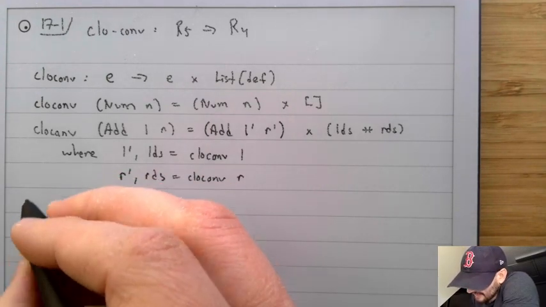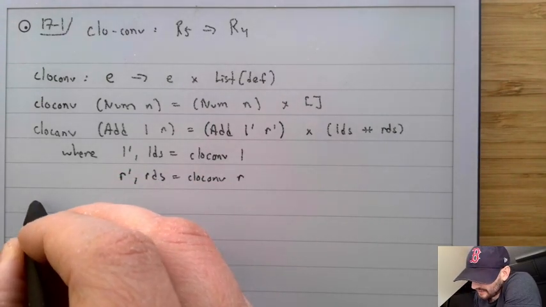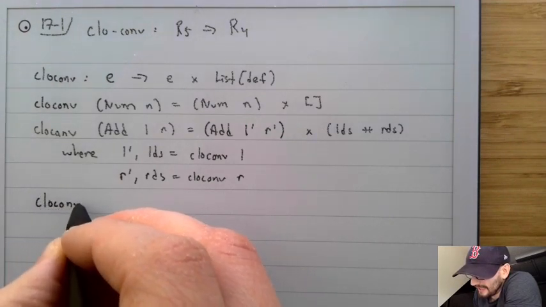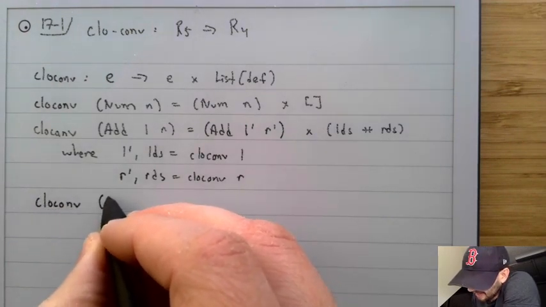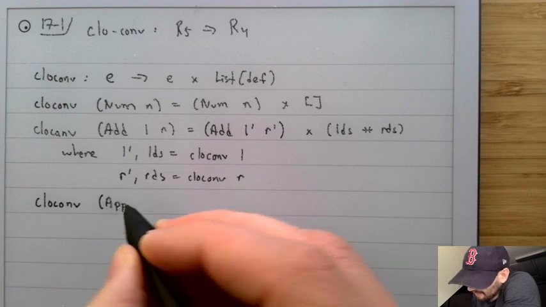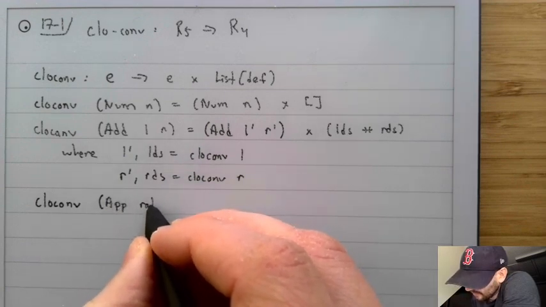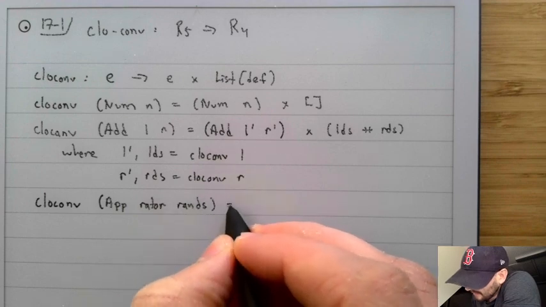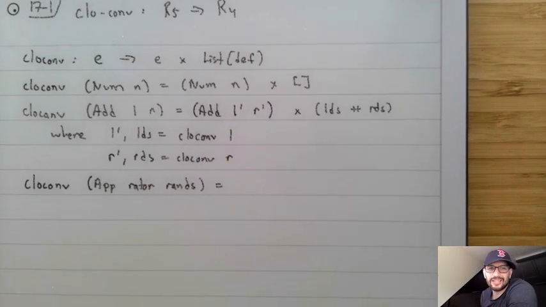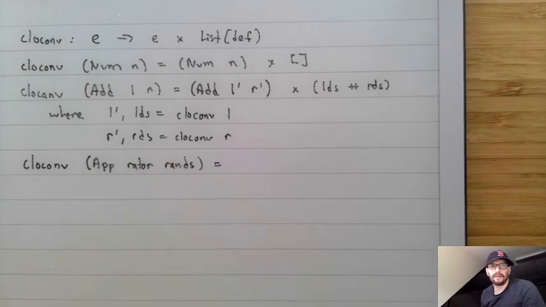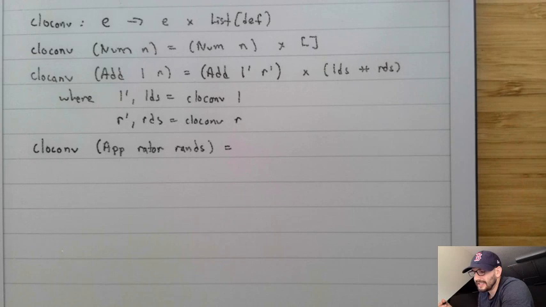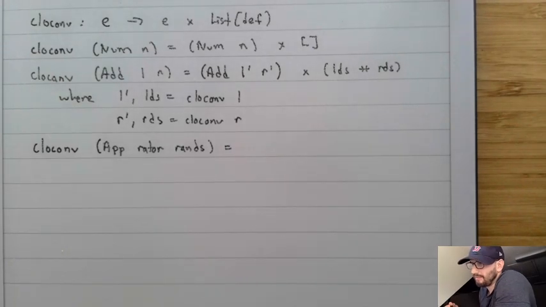There are some rules that don't create any definitions, but what they do is change things. So for instance, suppose we have an application. An application has the operator and the operands, right? Now what we're going to turn this into is actually kind of detailed. There's a complicated part and a boring part.